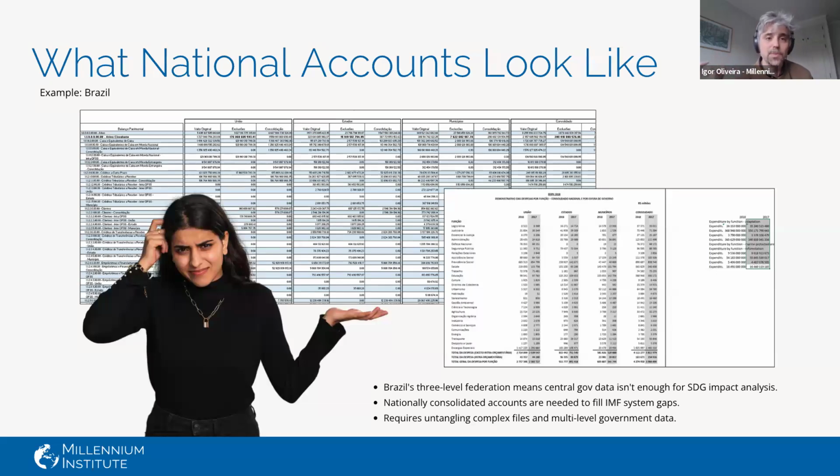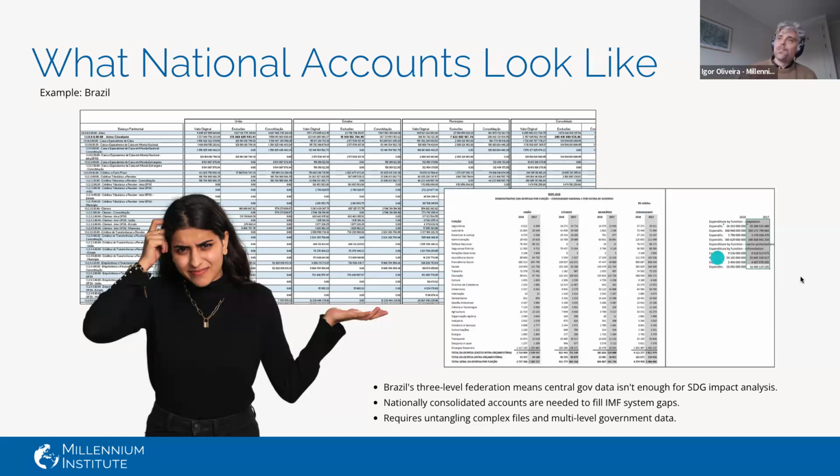Well, that's because you don't have the full expenses there, because some of these expenses are actually in the budgets of states and municipalities. So you have to carefully look at this 3-level governance to be able to simulate these things adequately.